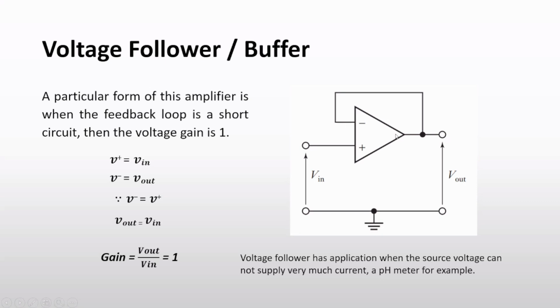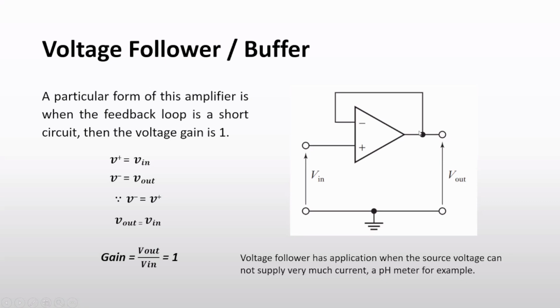So therefore, you can see the feedback loop is short circuited. There is no resistance between these two, and also no current flows into the op amp.